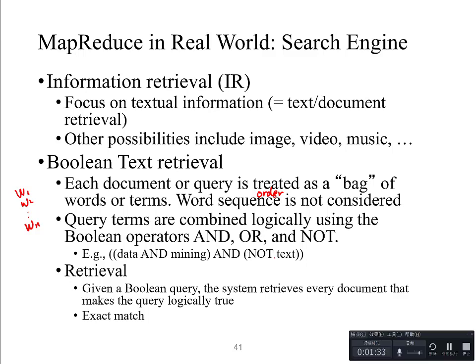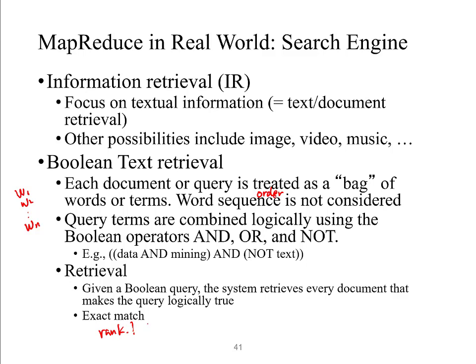So in order to do the retrieval, the naive idea, given a Boolean query, is that the system retrieves every document and checks whether it makes the query logically true or not. So it is an exact match, and there is no rank, because either it matches the requirement of the query or not.